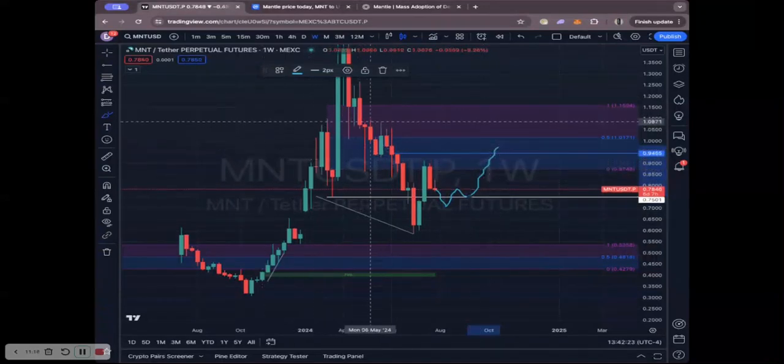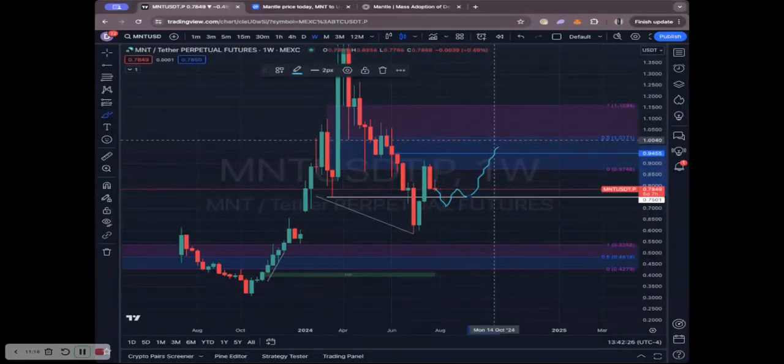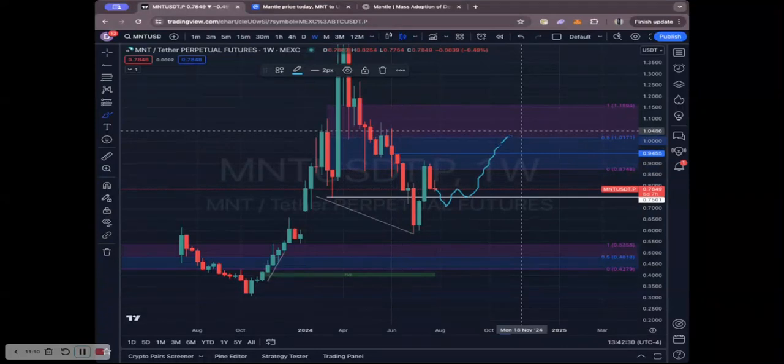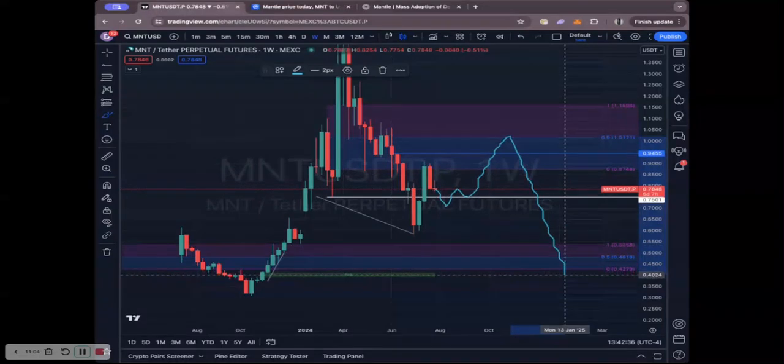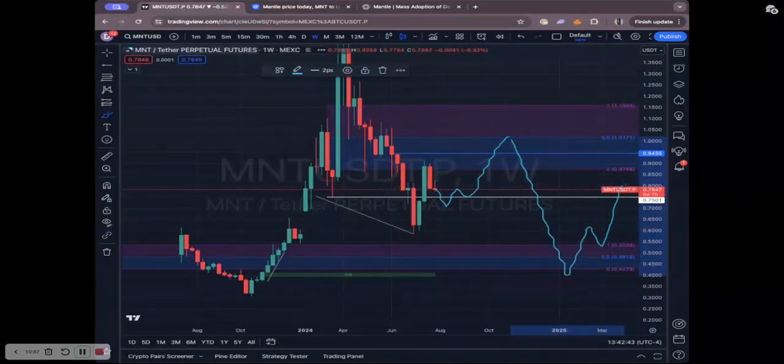However, this would be the inversion we'd be hitting, which would mean that we could go all the way up to $1 on MNT before we start to see a rejection. And that rejection would actually land us all the way down to 139.62 before we then consolidate again.